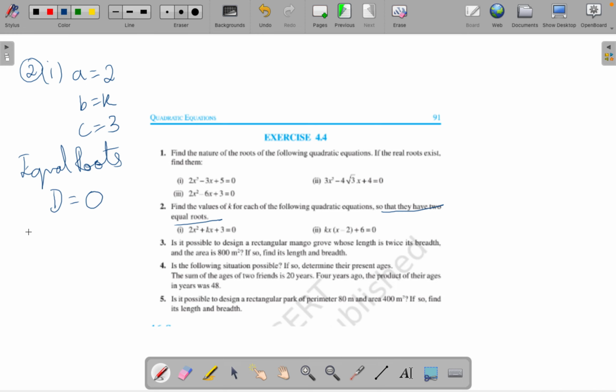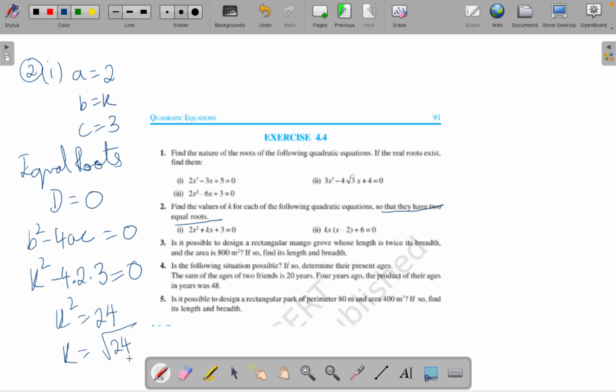That is, discriminant is 0. That means b square minus 4AC is 0. Put the values: k square minus 4 into A into C equals 0. So k square is equal to 4 2s are 8 and 8 3s are again 24, right? So k is under root 24, children.